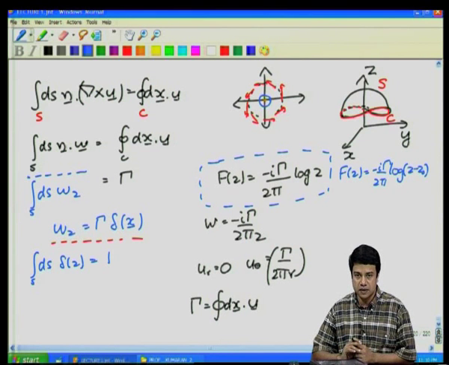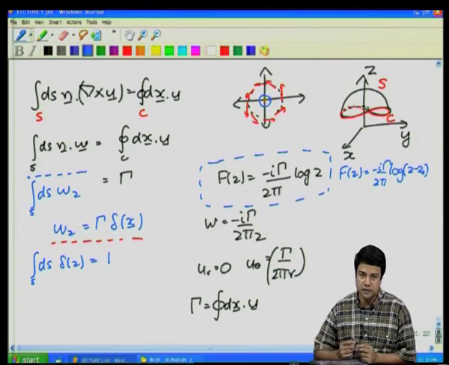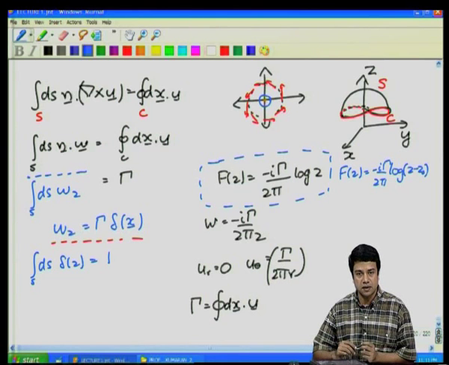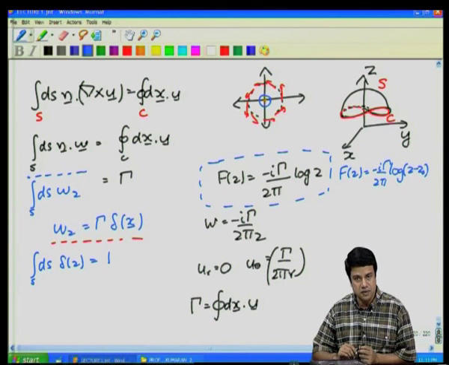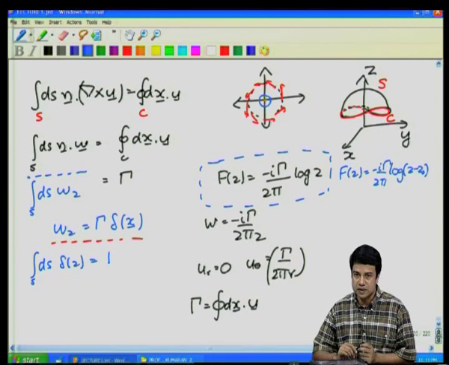Everywhere else it is irrotational, because the real part of f of z does satisfy the Laplace equation everywhere except at the origin, where f of z itself is singular; log of z goes to infinity as z goes to 0. Everywhere else it is well behaved and it satisfies the potential flow conditions.